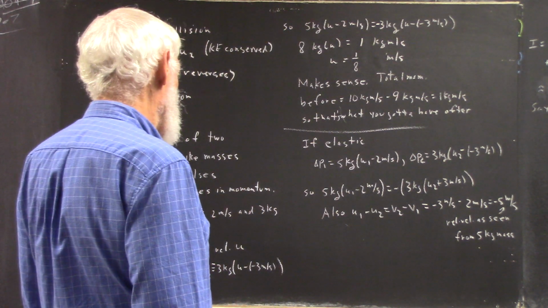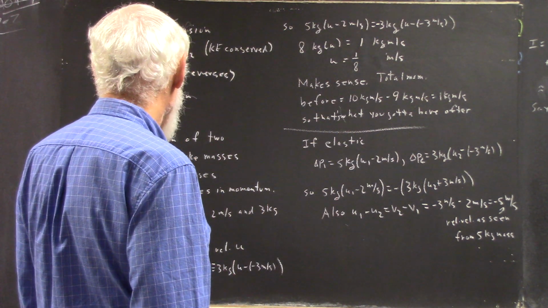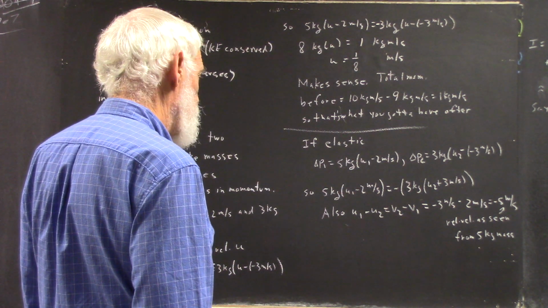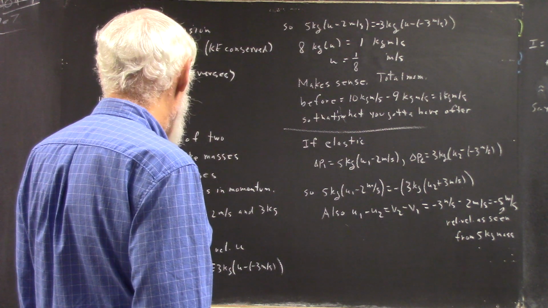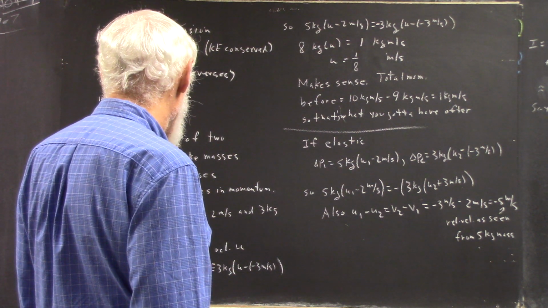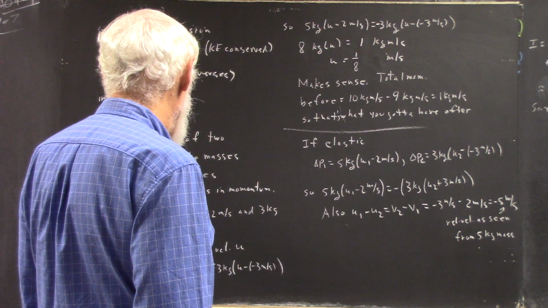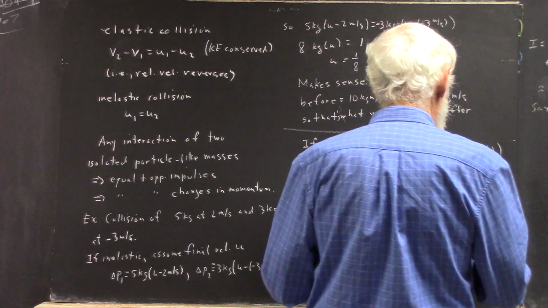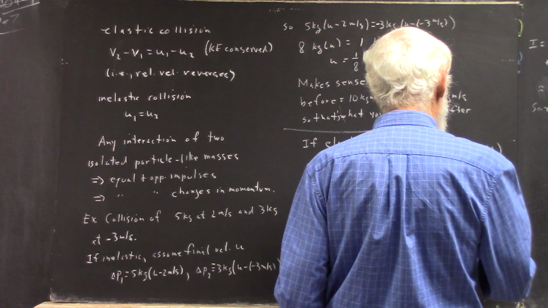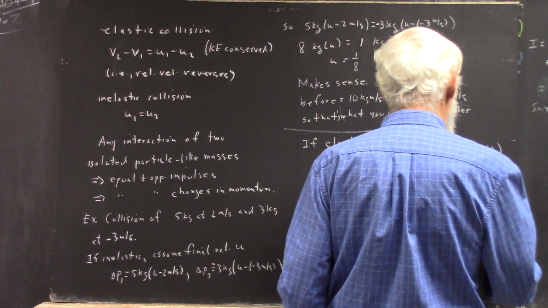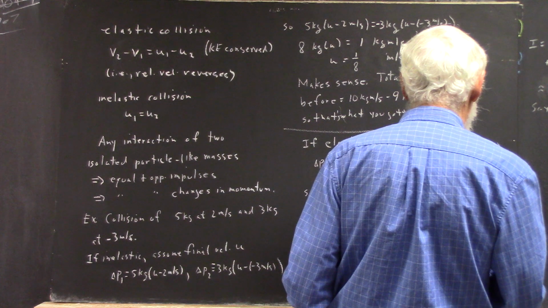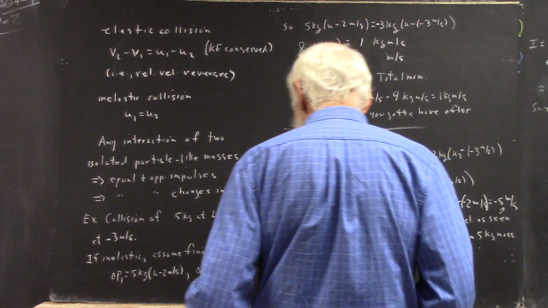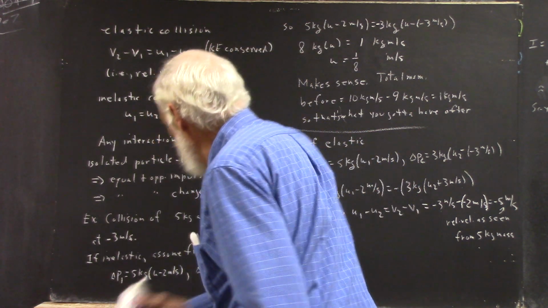Is that even right? Where are the 2 meters per second and 3 meters per second? I wrote it down carelessly. I've got the right relative velocity, but I was right the first time.